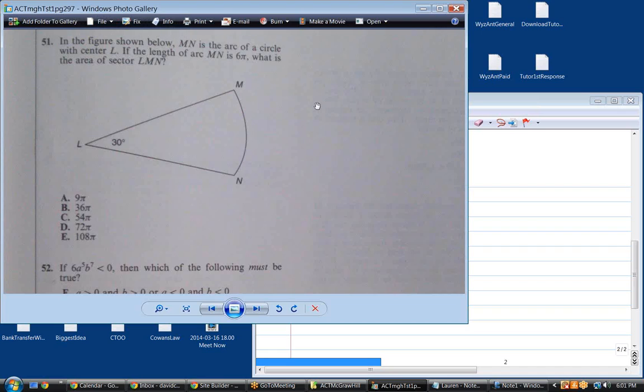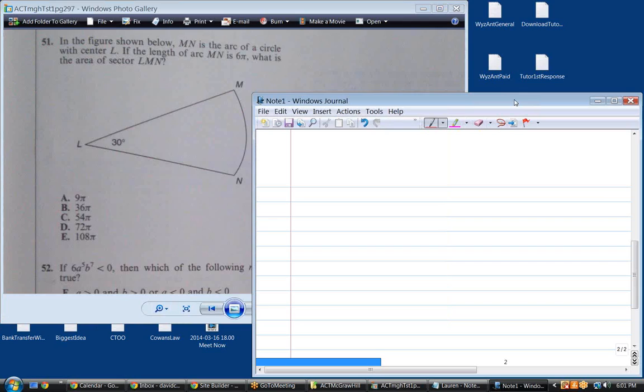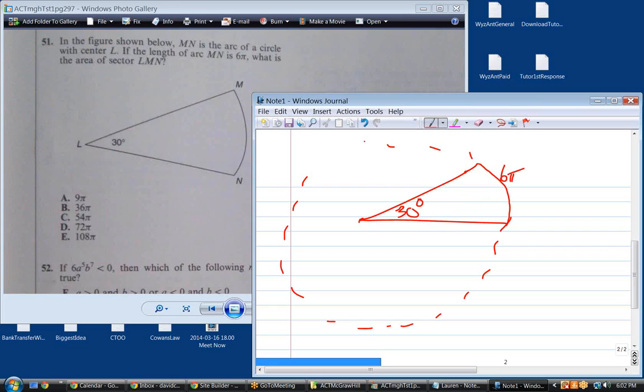In other words, if I have a 30-degree angle and I'm telling you that that is a certain length, well, if I completed the circle, what would the circumference of the circle be if this is 6 pi? How much bigger is the whole circle than that little sliver?